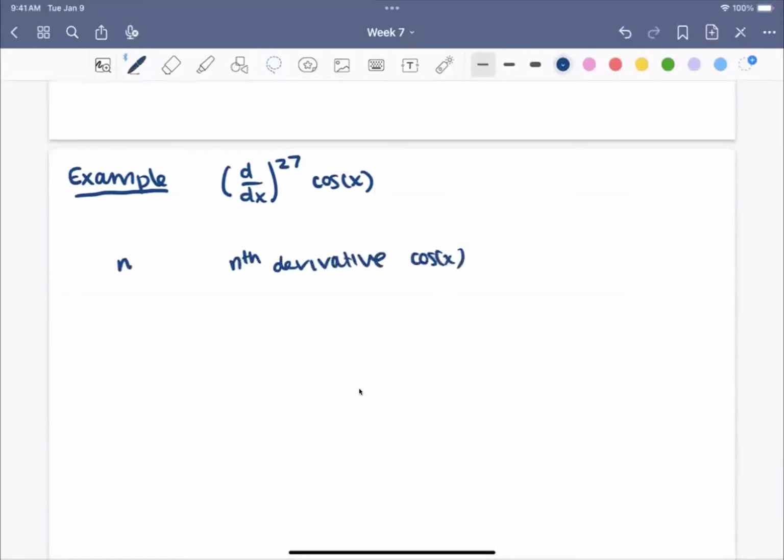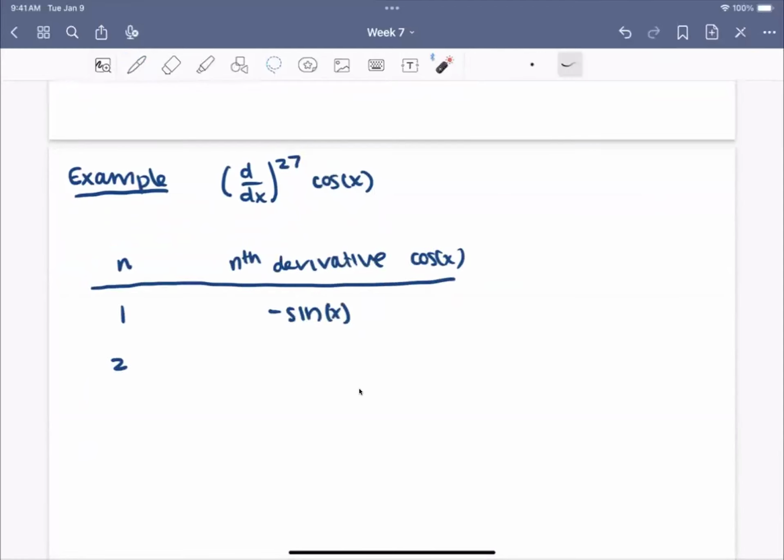Of cosine x. So the first derivative of cosine x is minus sine x. For the second derivative, the minus sign we can just pull out, because this is just multiplying sine x by a constant, minus 1. So then we're just looking at the derivative of sine x, which is cosine x.